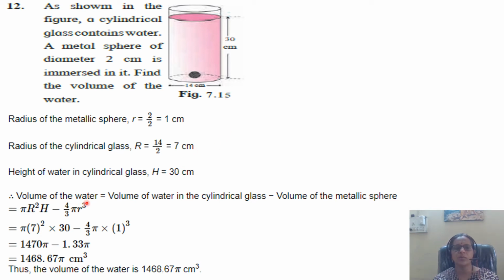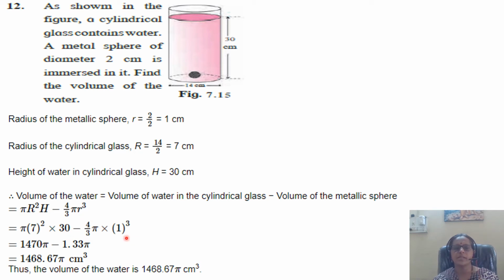You want the volume of water. So volume of water is the volume of the cylindrical glass minus the volume of the metallic sphere. Volume of cylinder is pi r square h. Volume of sphere is 4 by 3 pi r cube. Substitute the values. You have radius as 7, height 30 centimeter.